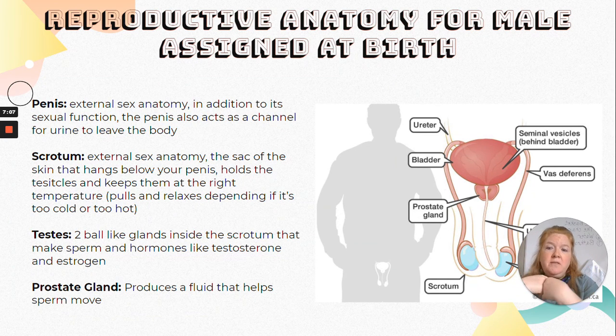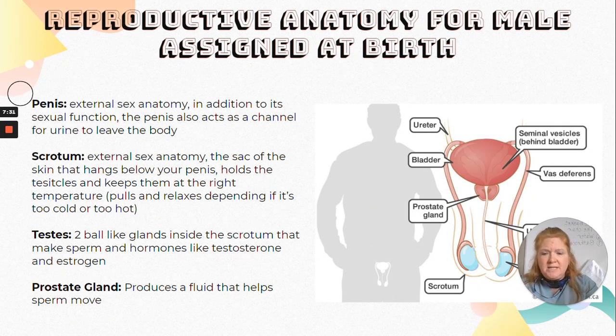If you're warm, the scrotum will hang lower to kind of cool them down, because sperm have a very narrow temperature range for them to be viable. So if the testicles were actually inside the body at 98.6 degrees, that would not allow for sperm growth and development. So that is why the testicles are actually outside of the body.